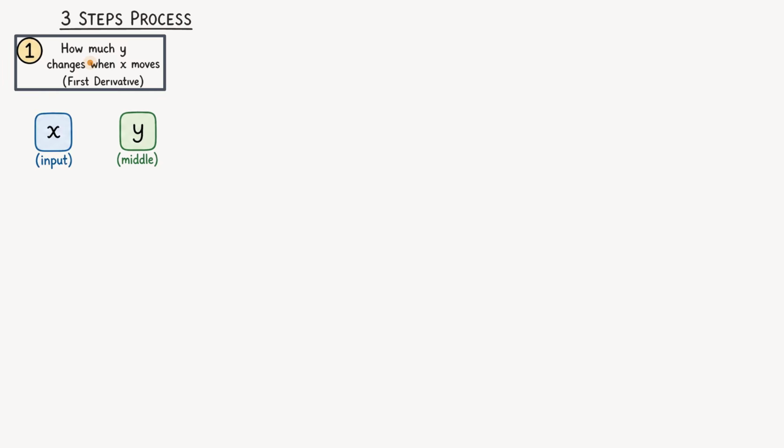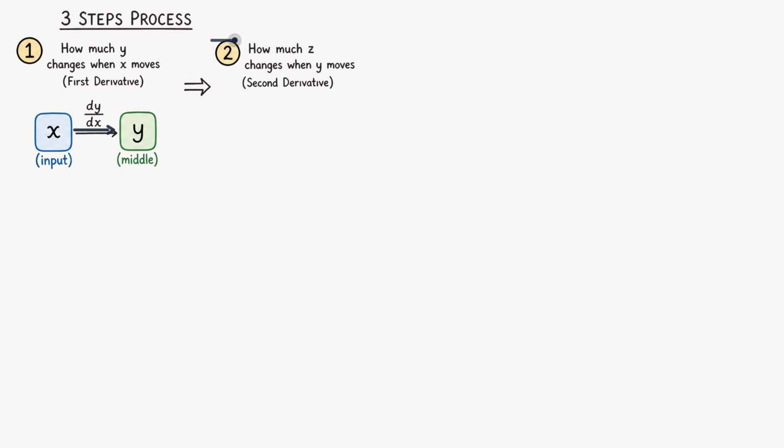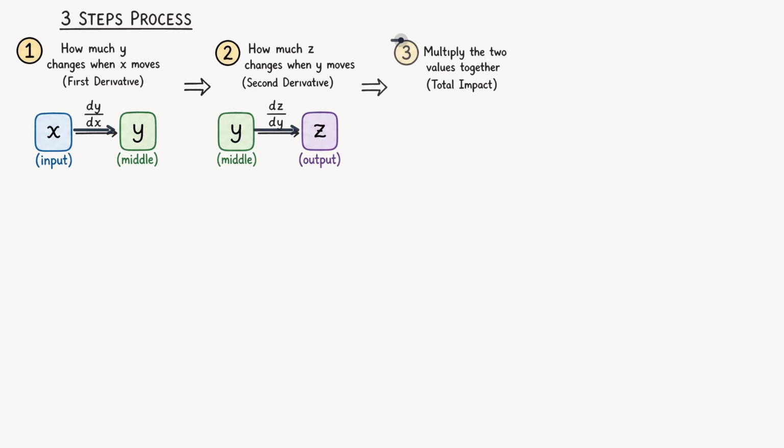This is your first derivative, represented mathematically as dy over dx. Second, you calculate how much your final output, z, changes when that middle step, y, moves. This gives us our second derivative, dz over dy. Finally, you multiply these 2 independent values together to find out your total impact.